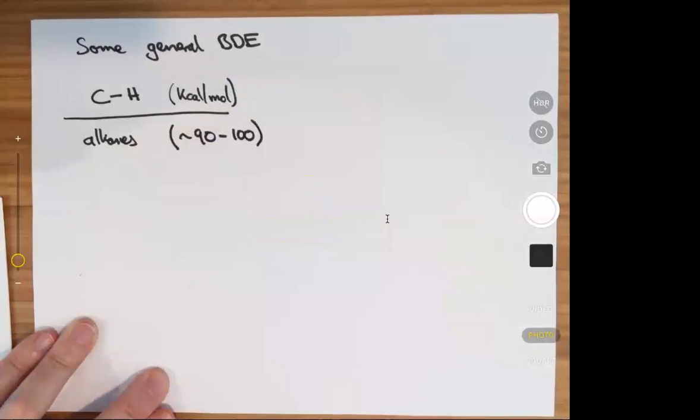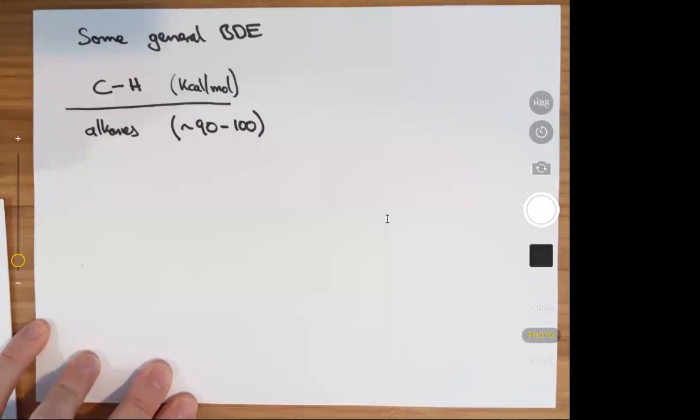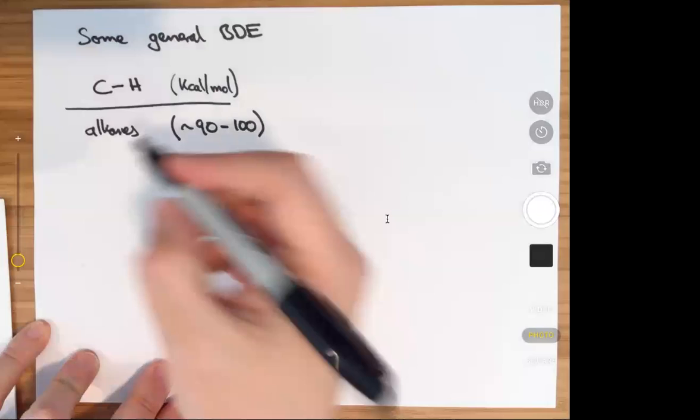That's just a ballpark, averaged over many structures. This bond dissociation can be facilitated if the system can stabilize the free radical intermediates.